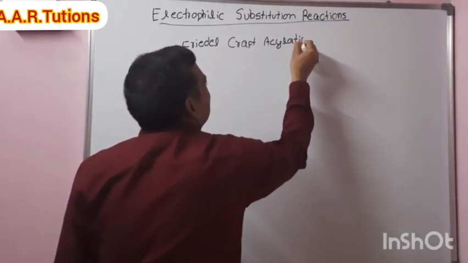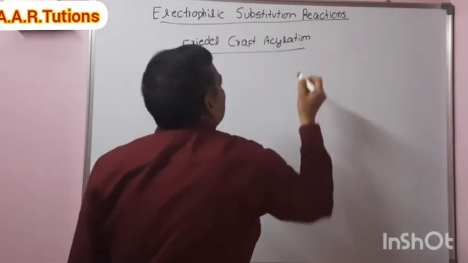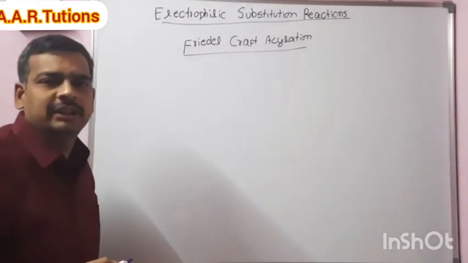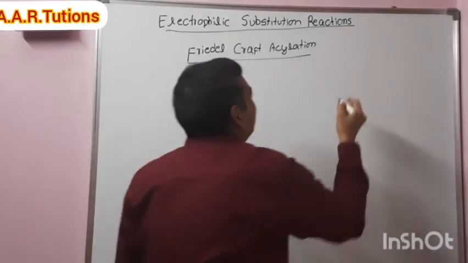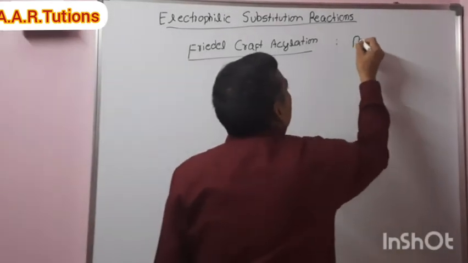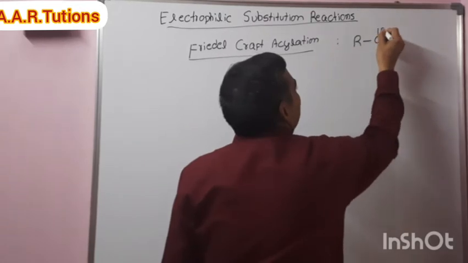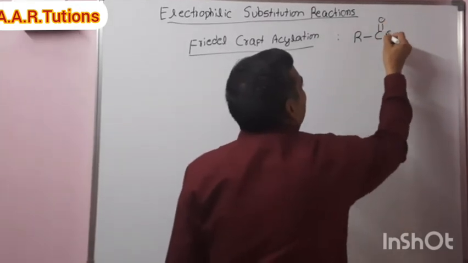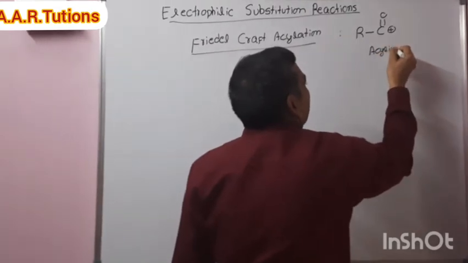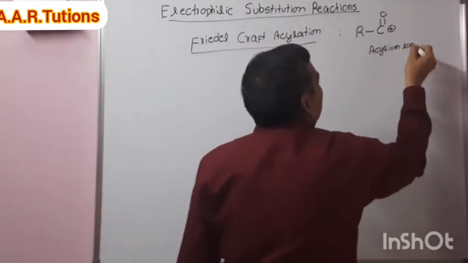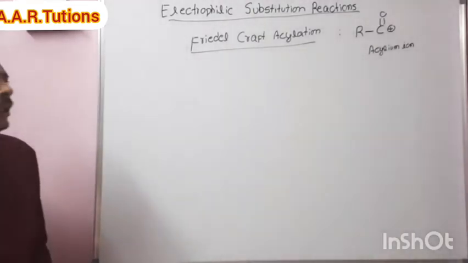Last class we completed Friedel-Crafts alkylation. Today, Friedel-Crafts acylation. In Friedel-Crafts acylation, the electrophile is RCO+, the acylium ion. The acylium ion is the electrophile.